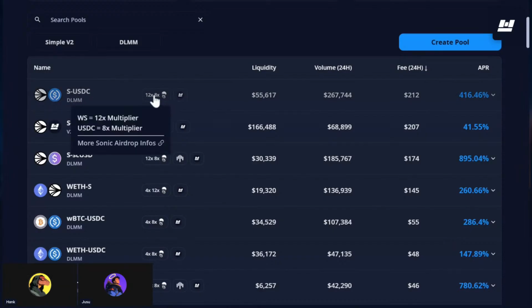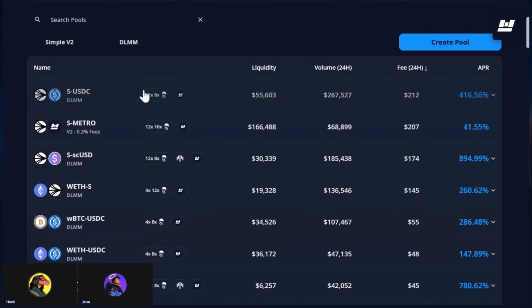I can see here the points that I'm earning, Sonic points, if it gets Metro rewards, liquidity, as well as volume over the past 24 hours and fees. And you can see here already the efficiency of DLMM. So this one has low liquidity right now, but the volume is still like 267,000, almost 5x the liquidity, which is a good number.